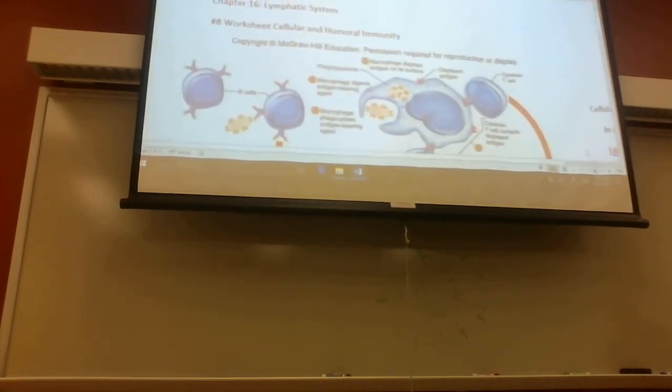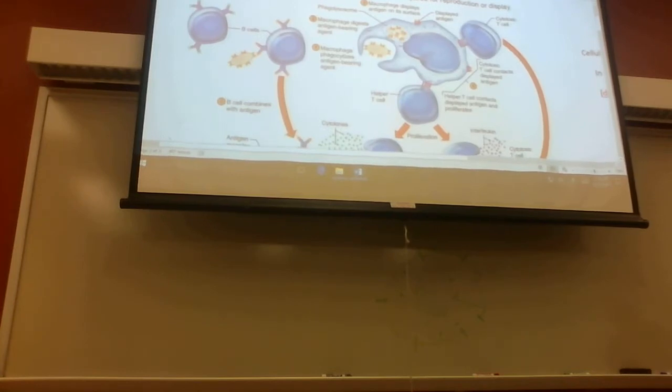A macrophage engulfs the pathogen. Macrophage displays the antigen on its surface, becoming an antigen-presenting cell. I'm going to scroll back up. If you guys have your steps in front of you, I'll just have the picture up and stop scrolling. But this is your macrophage, step 1.